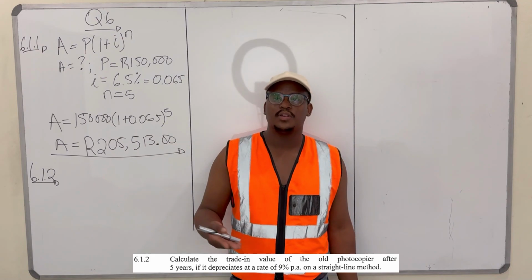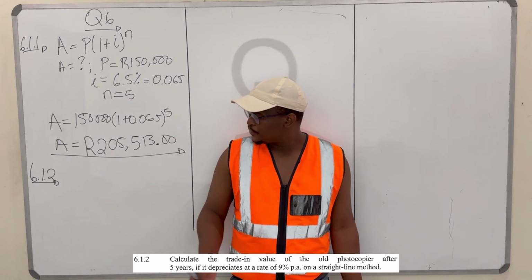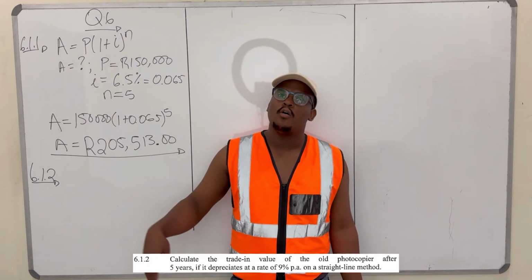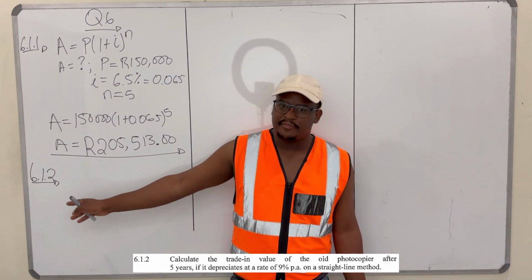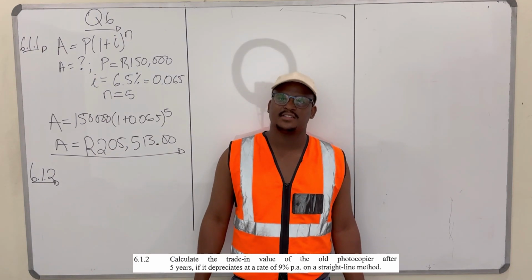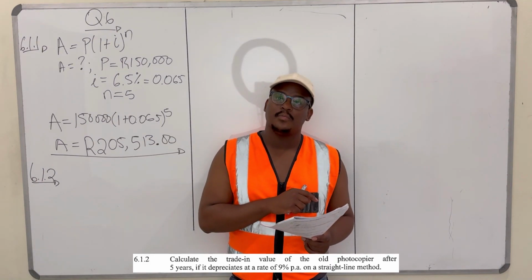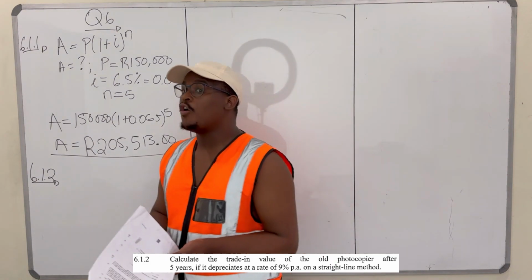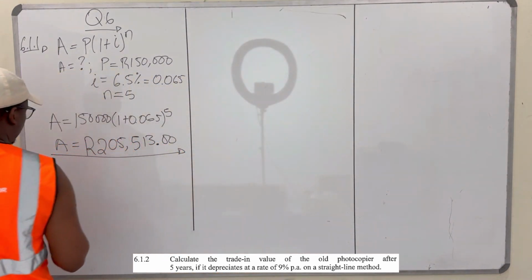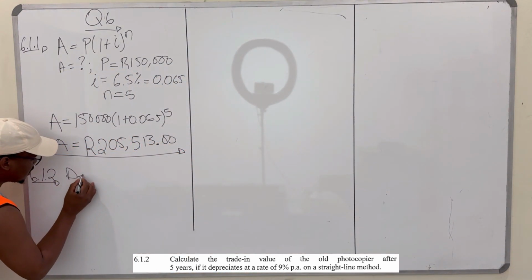So they want you to calculate the value of that asset after 5 years if it depreciates on a straight-line basis at 9% per annum. On a straight-line basis.